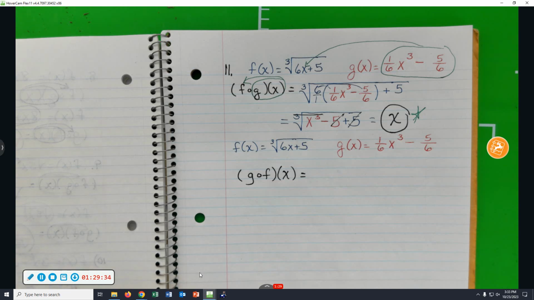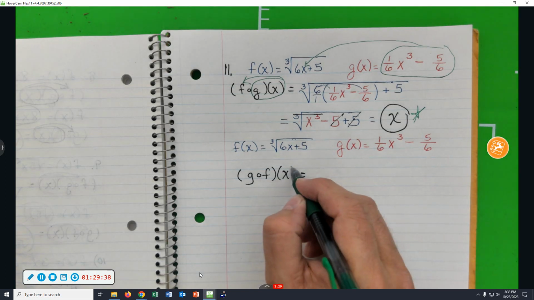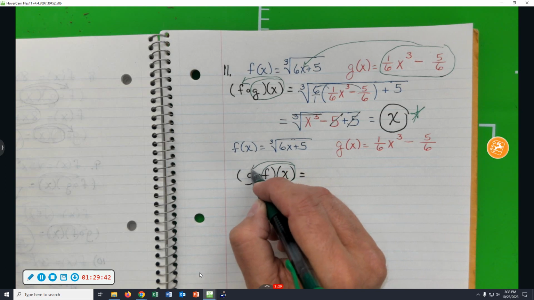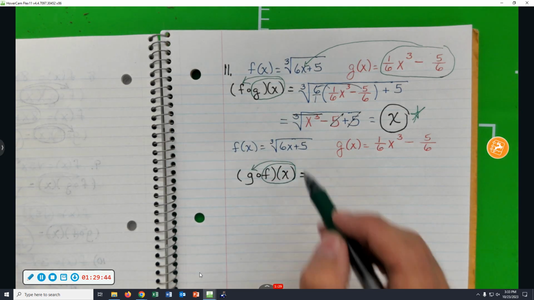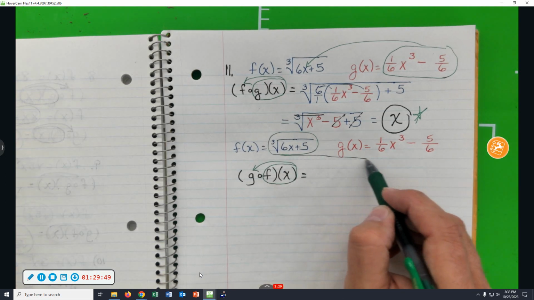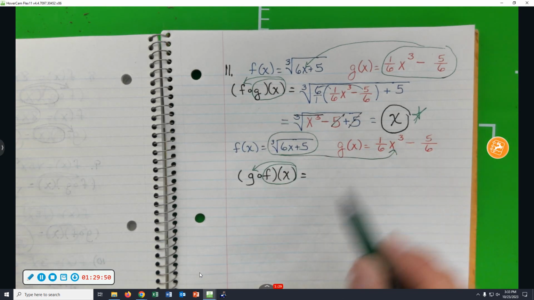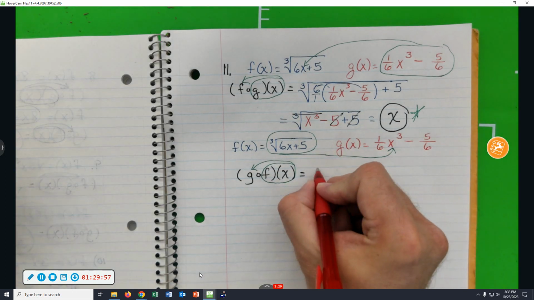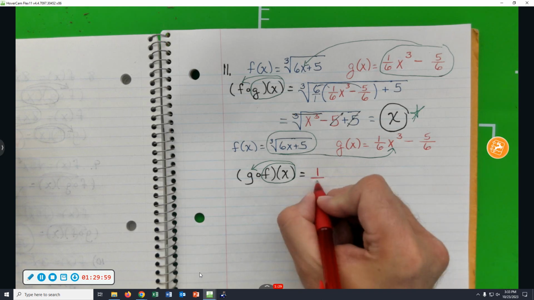So, let's see. I'm plugging what into what? Plug f of x into g. Plug f, oh gosh, into g. Do y'all see why I'm saying oh gosh? It's going to work out nicely, but at first glance it looks terrible.